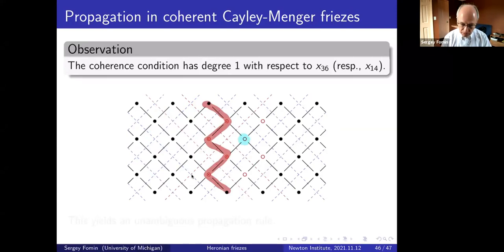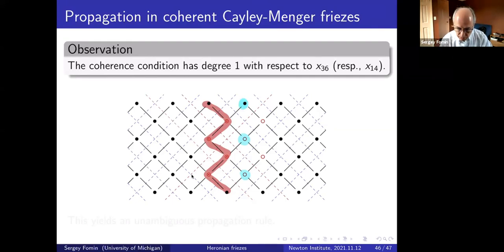There are 2 solutions for the Cayley-Menger equation for this diamond. Pick any of them, doesn't matter. And then pick any solution here. And of course, this one is on the boundary, okay? But that's it. Now you don't have any freedom. Now you propagate to the right. You have a thick crosscut, and this thick crosscut.